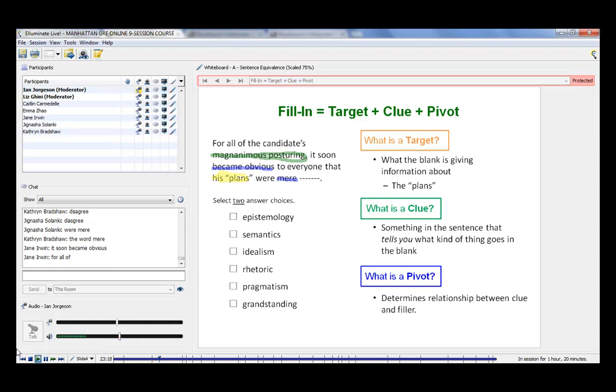Lots of times people think that this phrase, for all of, means that it's in the same direction. But think about this sentence for a second. For all of his hard studying, he blanked. For all of his hard studying, would we say he got a great score on the test?